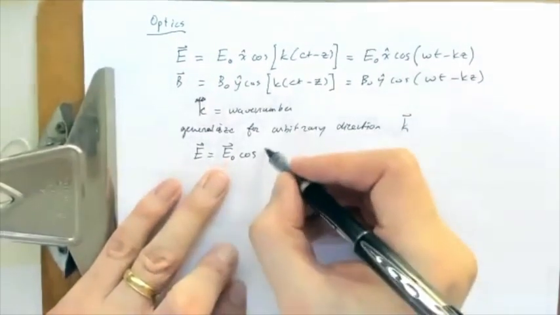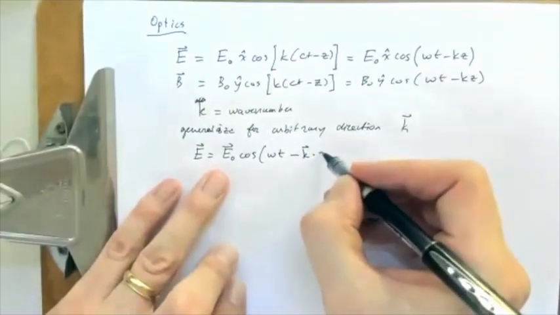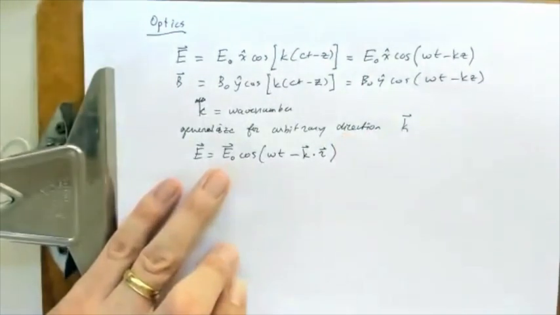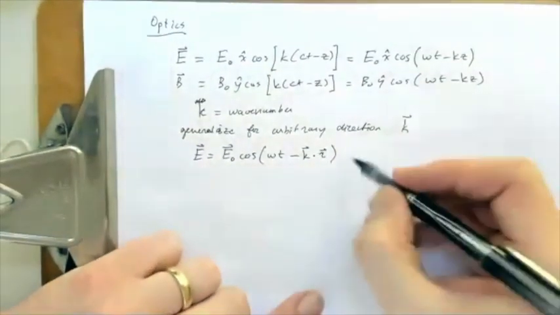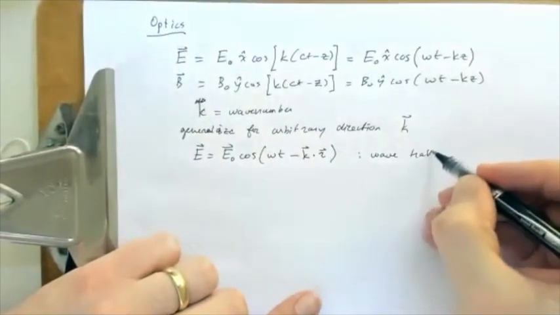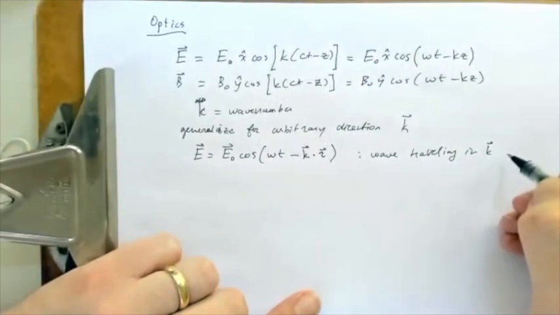And then we can just write cosine of omega t minus k vector dot r vector. So this is a wave traveling in the k direction.